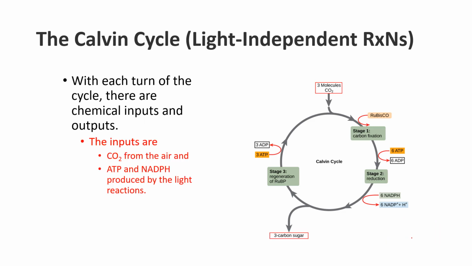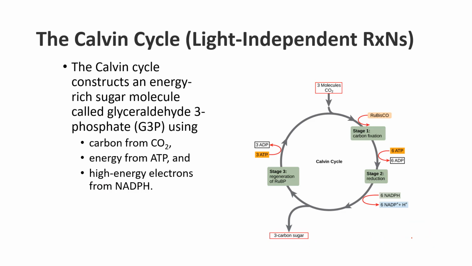And then what's that glucose going to be used for? Well, that glucose is going to be used in aerobic cellular respiration to make ATP. Plants do that the same way that animal cells do, basically, where they use the mitochondria in the cells and the processes of aerobic cellular respiration.